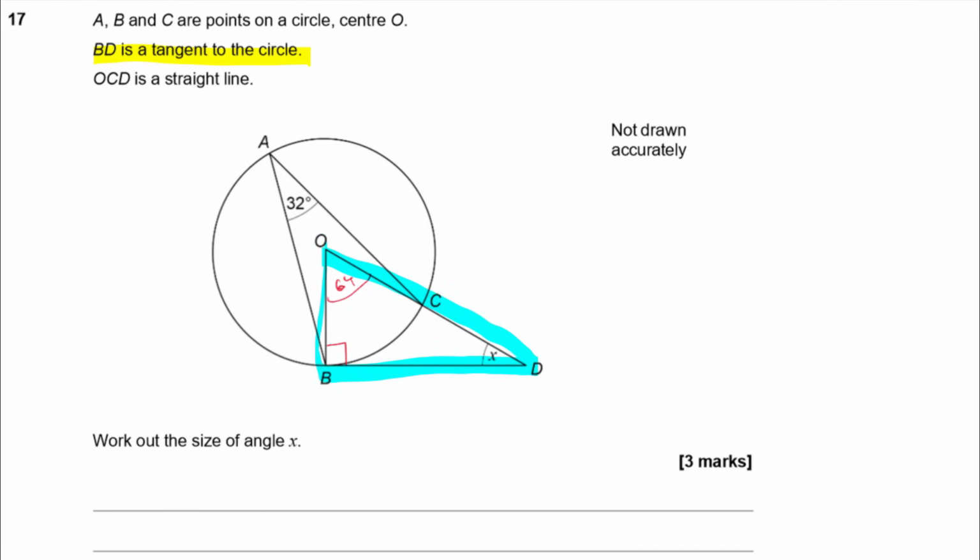I know that the angles in a triangle add up to 180 degrees, and I know the other two, so I should be able to find X. So X plus my 64 plus the 90, my three angles in the triangle, add up to 180 degrees. If I add those two together, X plus 154 is equal to 180. So taking 154 away from both sides, X is going to be 26, isn't it? So that's my answer. X is 26.